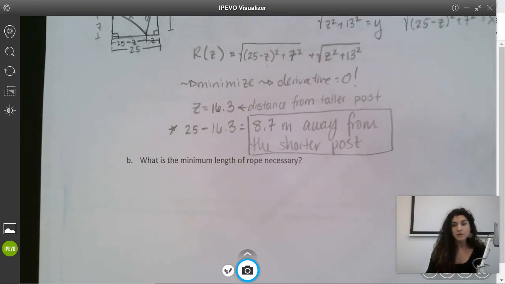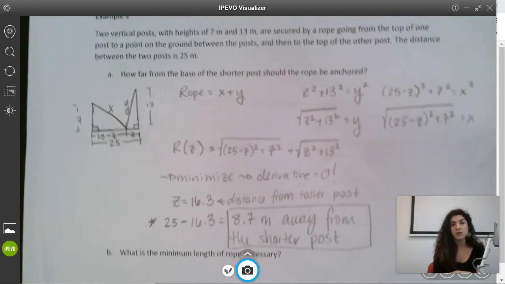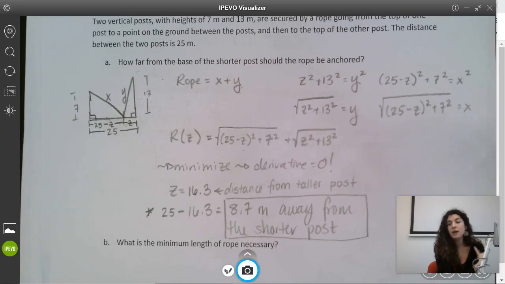So asking yourselves all of these questions, do I understand it visually? What am I trying to optimize here? How can I make an equation for that? How can I eliminate extra variables? Are the questions you need to be asking yourself and not just me.